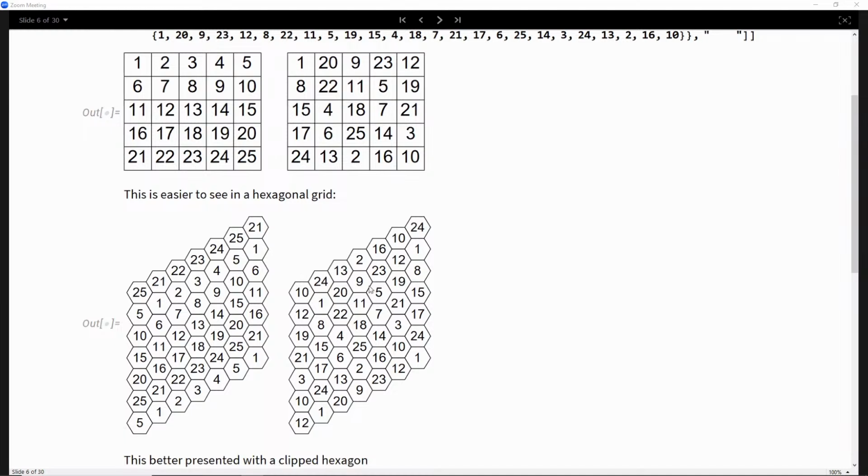These are ways of showing the same things on a hexagonal grid, and it's easier to see that it's one way on the hexagons, another way on the hexagons, or columns in the hexagons. So it's a little bit easier to see in this sort of format rather than these squares.